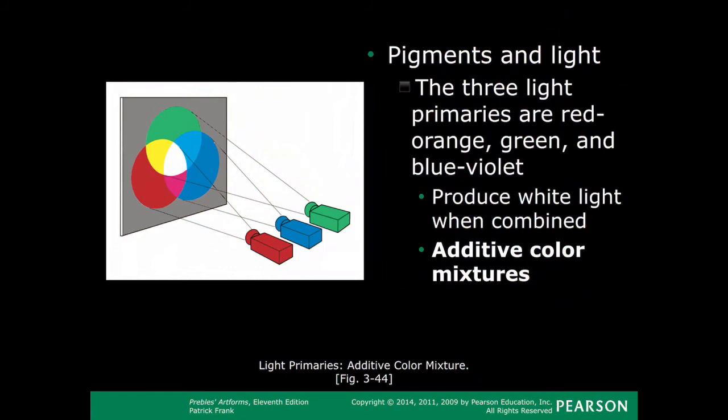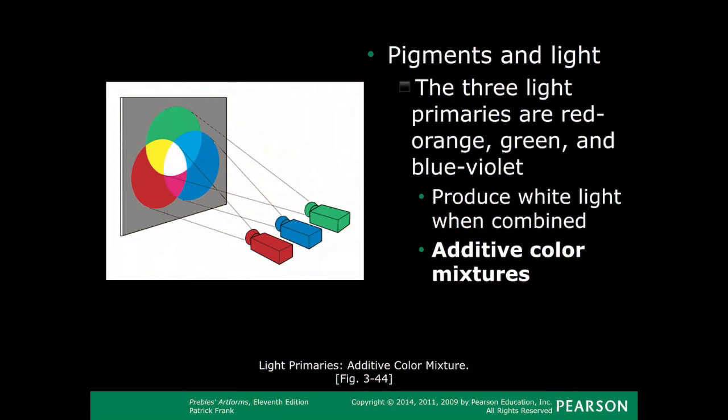There's also the other kind of color wheel, which is an additive color wheel, and this is different in that the three light primaries are red, green, and blue violet. Maybe you've heard of CMYK.